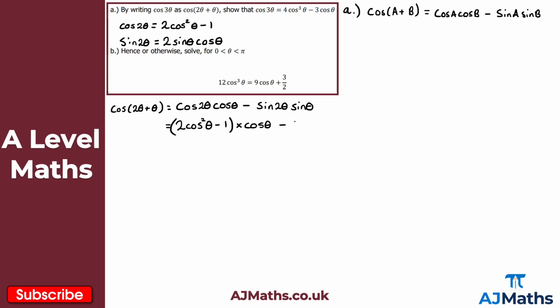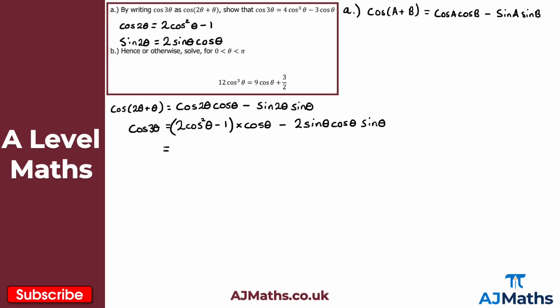So I've got minus 2 sine theta cos theta, and don't forget the sine theta at the very end. So minus 2 sine theta cos theta sine theta. Okay, so from here we just need to start cleaning this up. And this is for cos 3 theta.